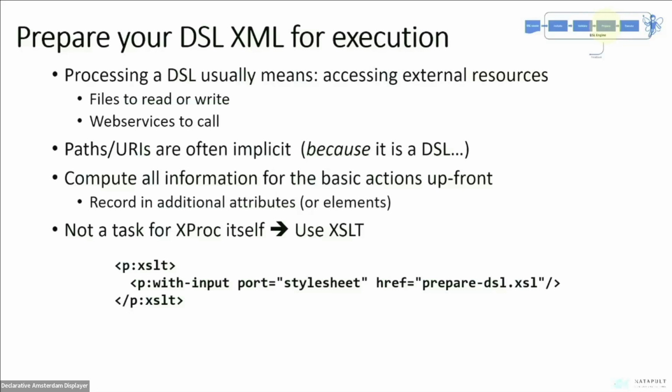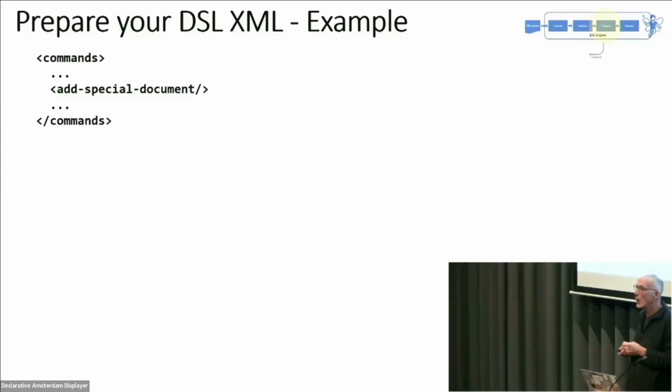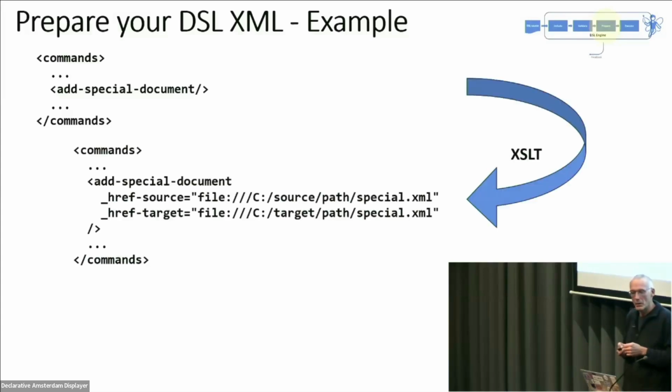So here's an example. We have some DSL, and in the DSL is an add-special-document instruction. Your domain knows what an add-special-document instruction should do. And in this case, we need to copy a file from some special source to some special target. Relatively simple. So what we do in our preparation XSLT is compute these paths and add them in some additional attributes to the add-special-document element.